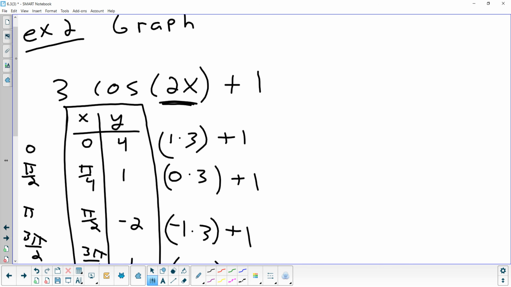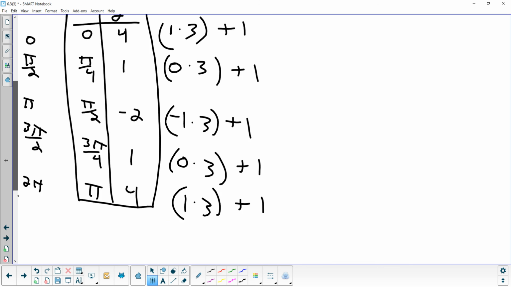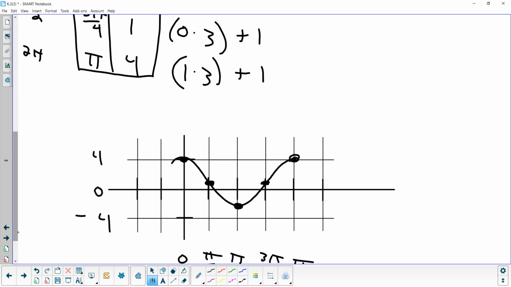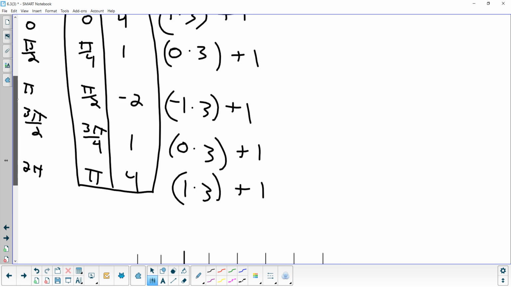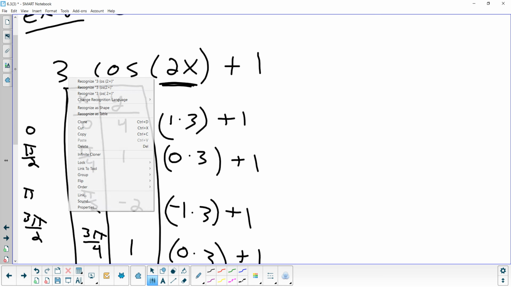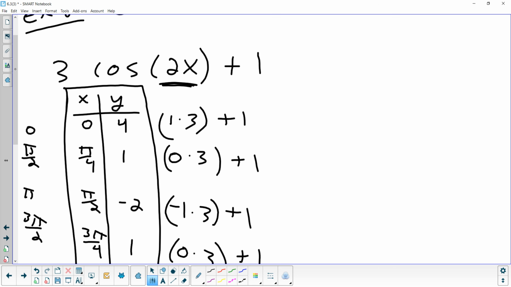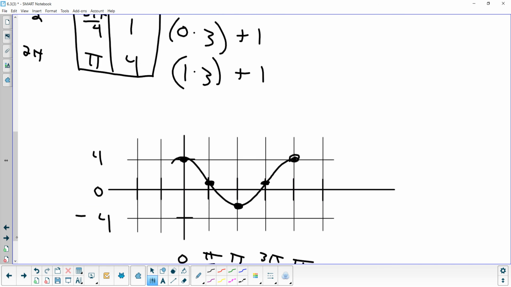Pi. Now here's a question we're going to get into in a second. What's the maximum of that graph? 4. It's not always the same as the amplitude. It's because we did a vertical shift. So there's a difference between the maximum value and the amplitude, sometimes. In this case, there was.